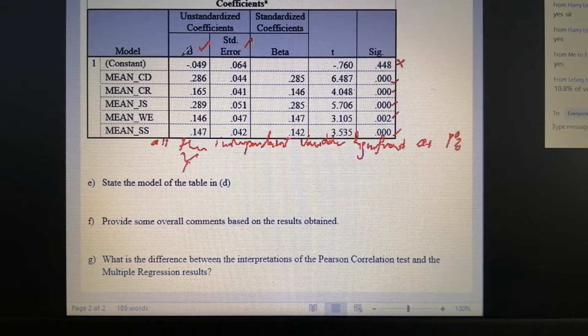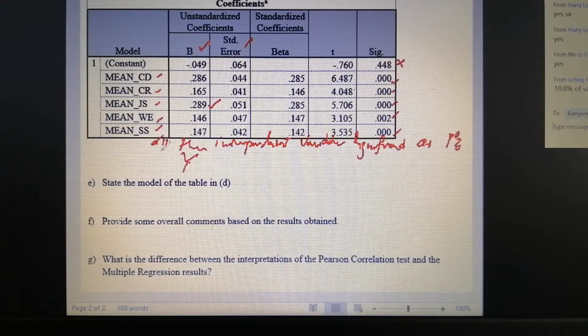We look at the high contribution of the figures. Look at each and every component, which one of the values are highly contributed. This is 0.286, 0.165, and JS is 0.289, WE is 0.146, and SS is 0.146. So as you can see, JS is the higher contributor.